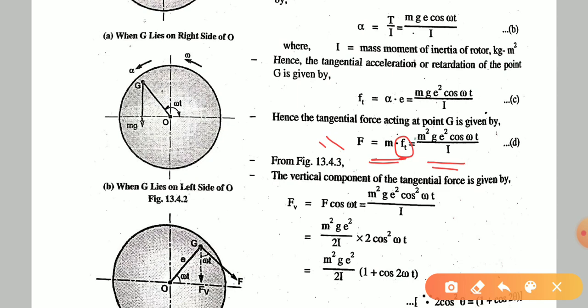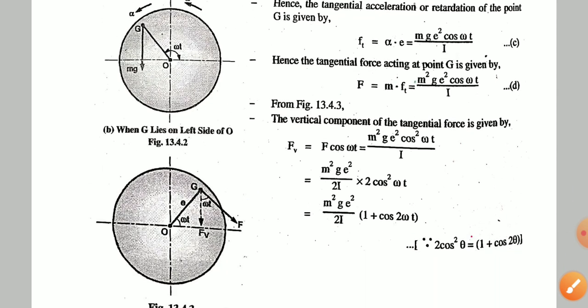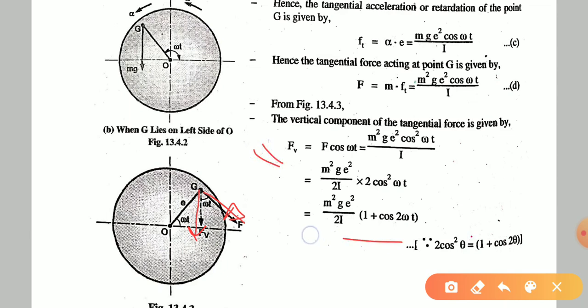From here we can see in another figure that the vertical component of the tangential force is acting in this direction, and this is the vertical component of the tangential force, which is F cos omega t, that we can find. So this is the final answer for the vertical tangential force.